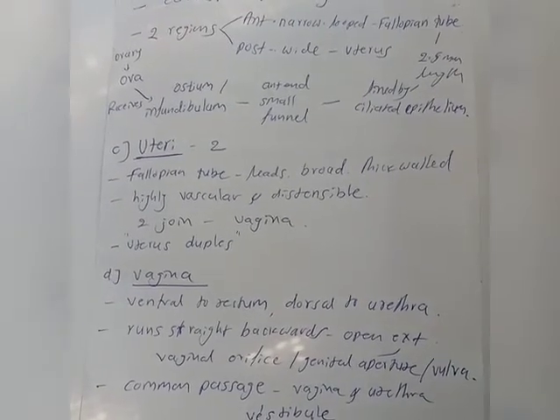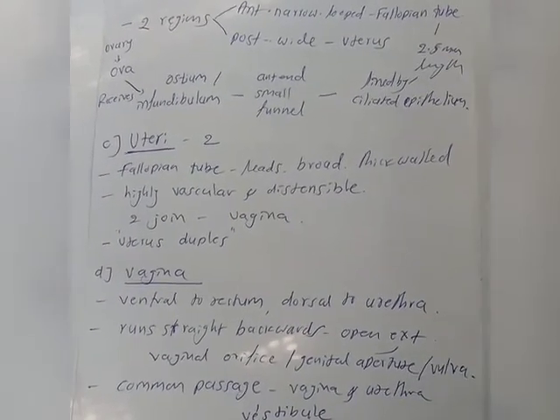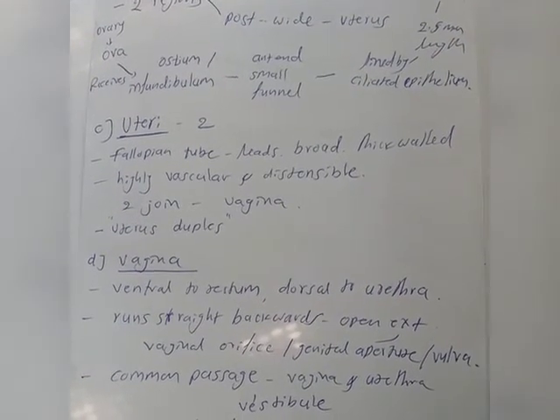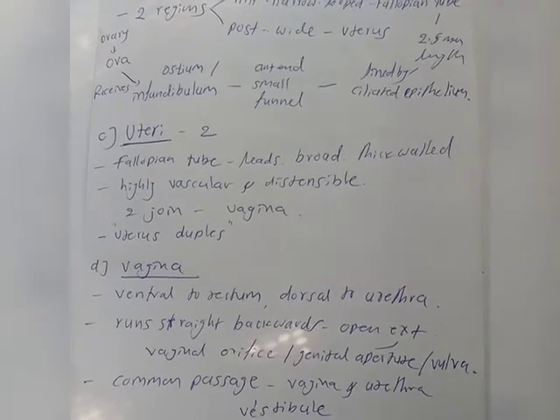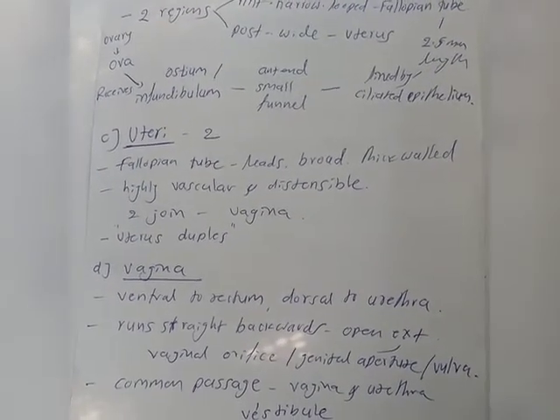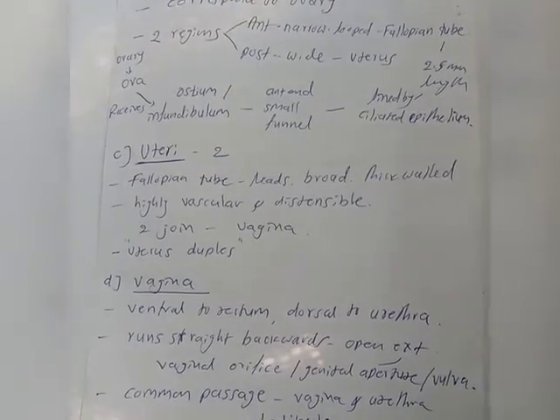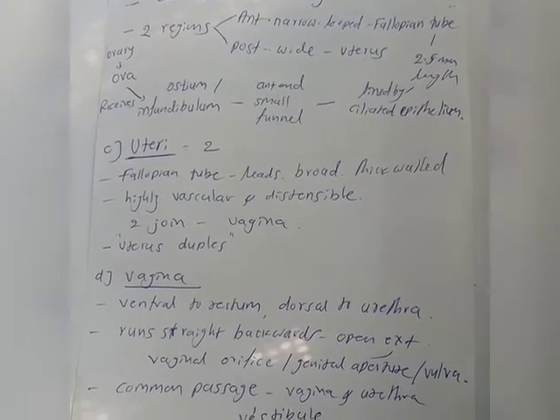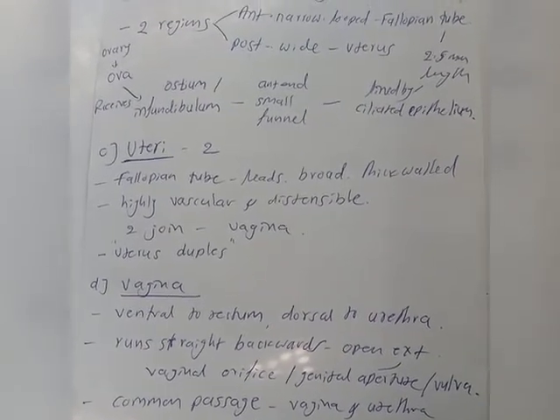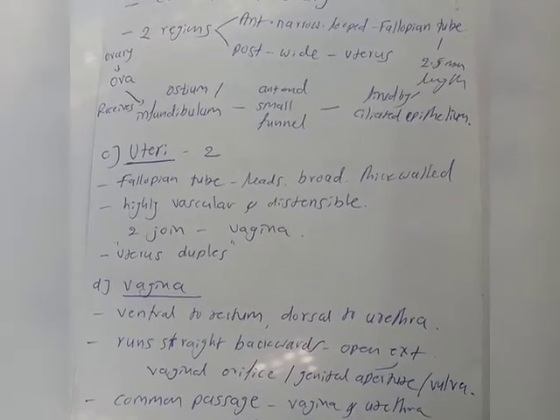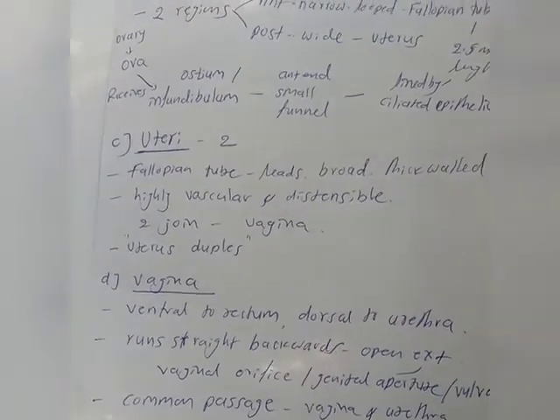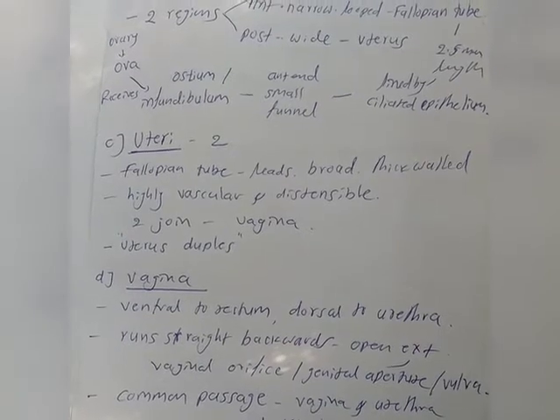The vagina lies ventral to the rectum but dorsal to the urethra. The vagina runs straight backwards and opens to the exterior by the vaginal orifice or genital aperture or vulva.